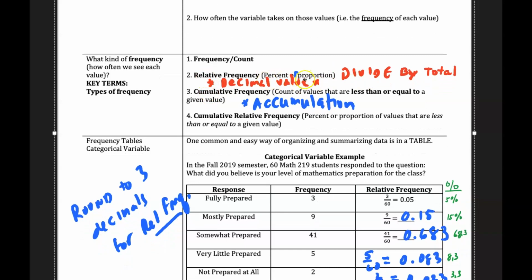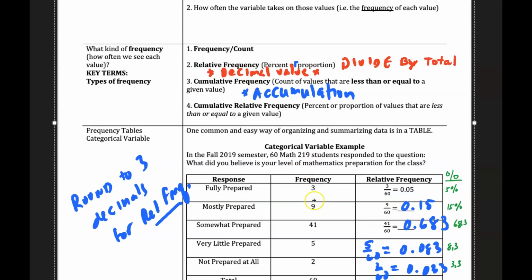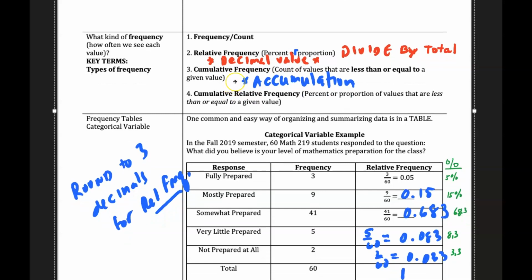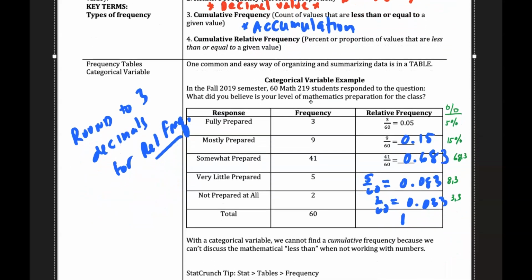It's the decimal value of the percent. It's determined by how much you have divided by the total amount you have, right, for a certain value. We also look at something called cumulative frequency. We'll talk about what that looks like, and also cumulative relative frequency, which we're going to take a look at some of those ideas here.